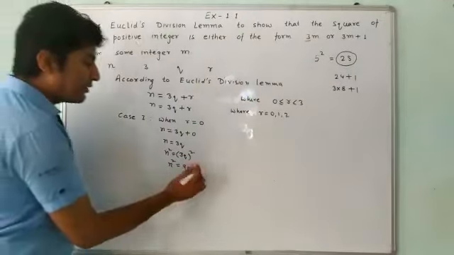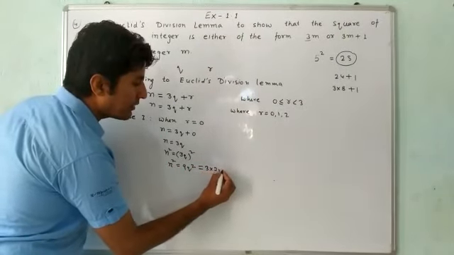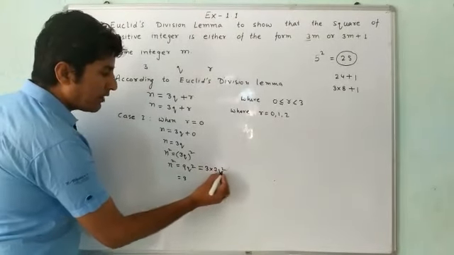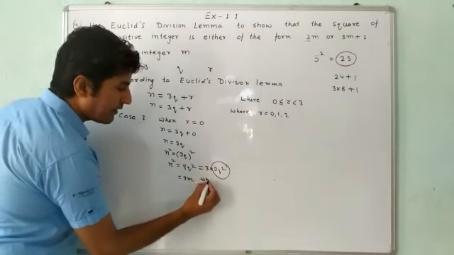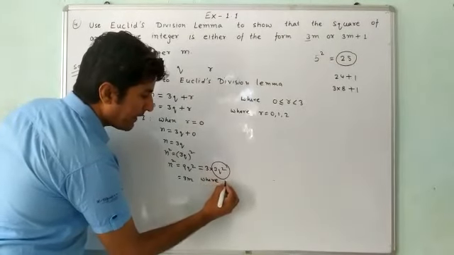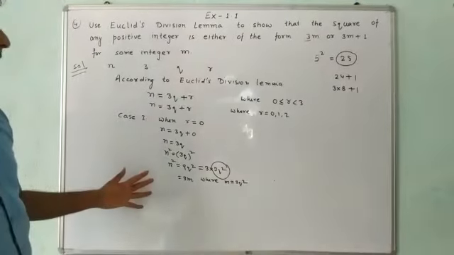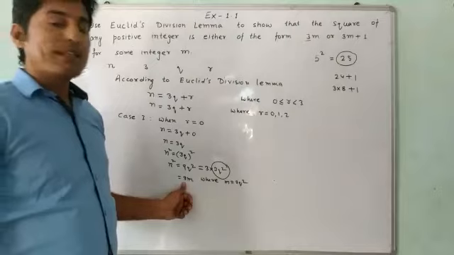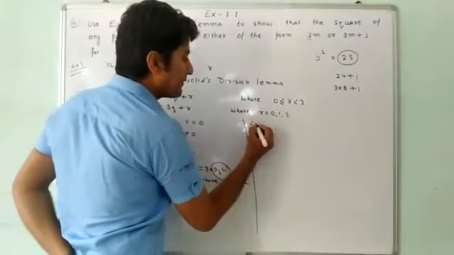So this 9q square can be written as 3 multiplied by 3q square. In place of 3q square, we can place m, where m equals 3q square. So in the first case, we have proved that the square of any positive integer is in the form of 3m.